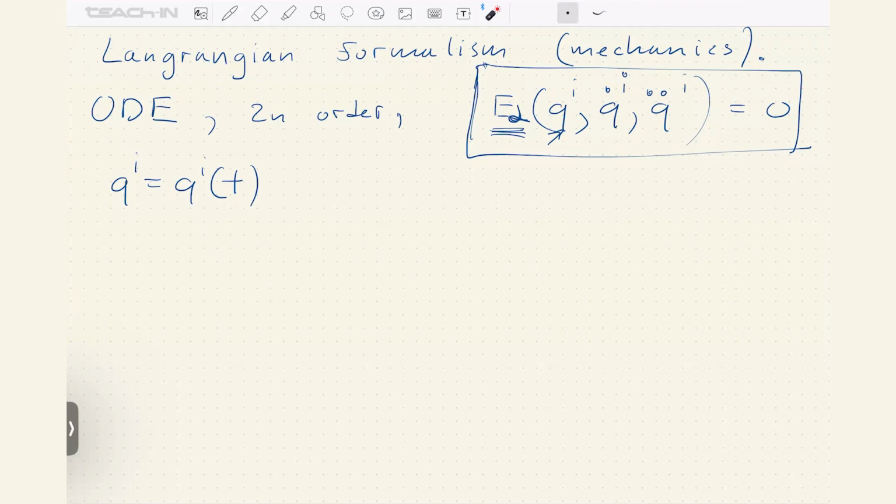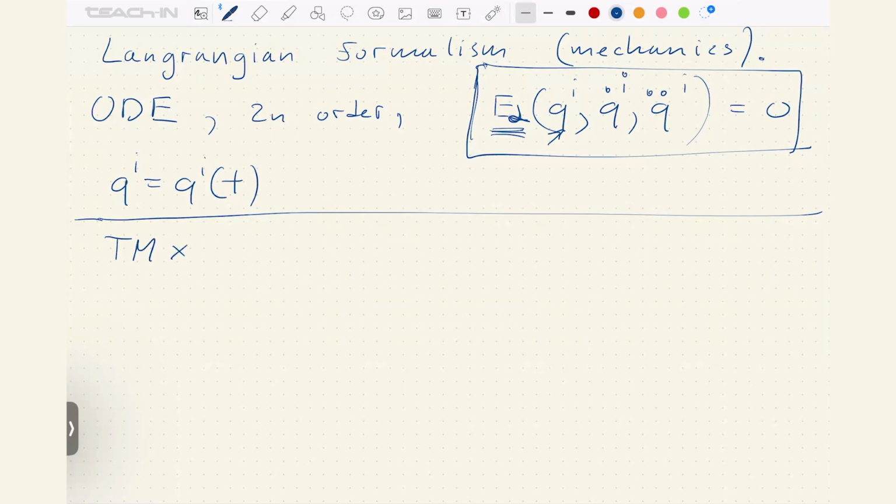Of course, again, in the general case it may involve second and higher order derivatives, but usually you can restrict to this situation. So the standard definition of the Lagrange function, let's start to be more geometrical: we consider the space TM times T, where M is our configuration space. So TM is actually the tangent bundle, right?